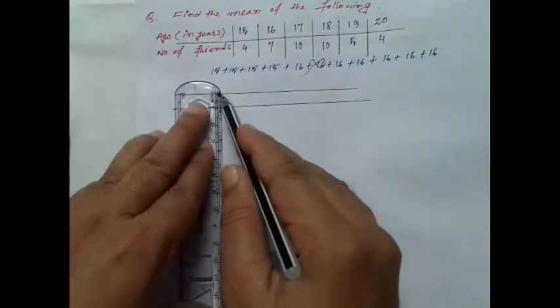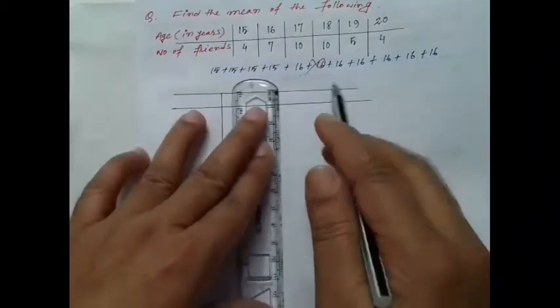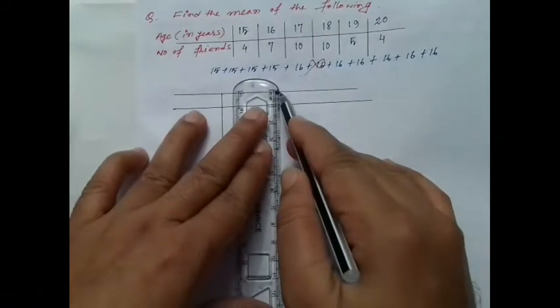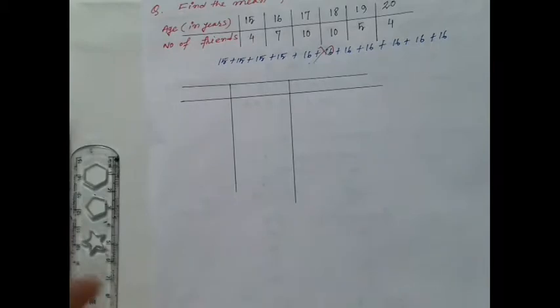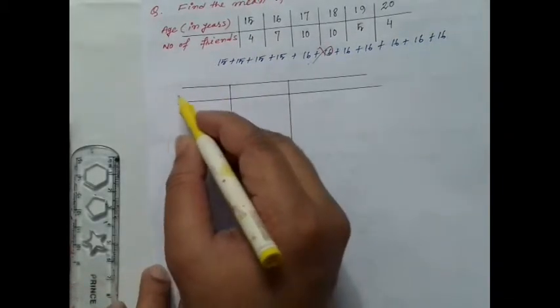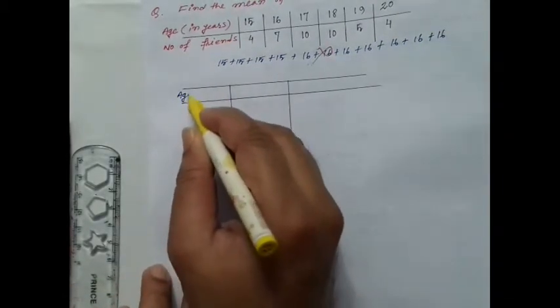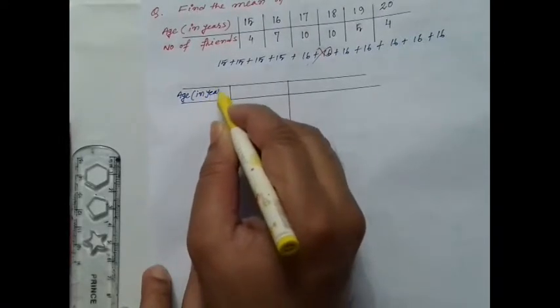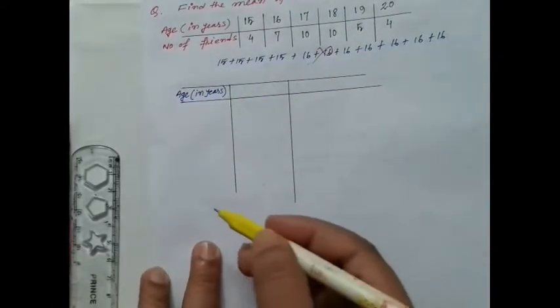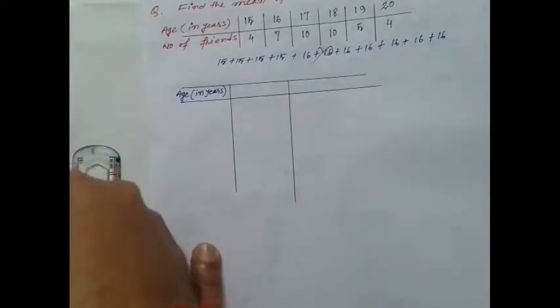Here we'll write age in years, and this one is our xi.